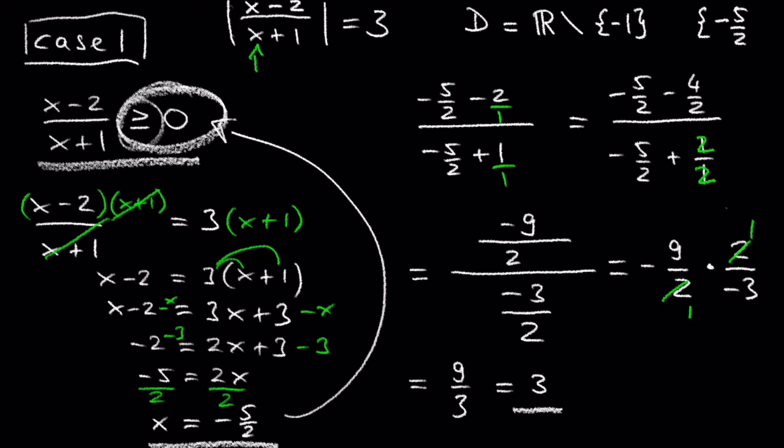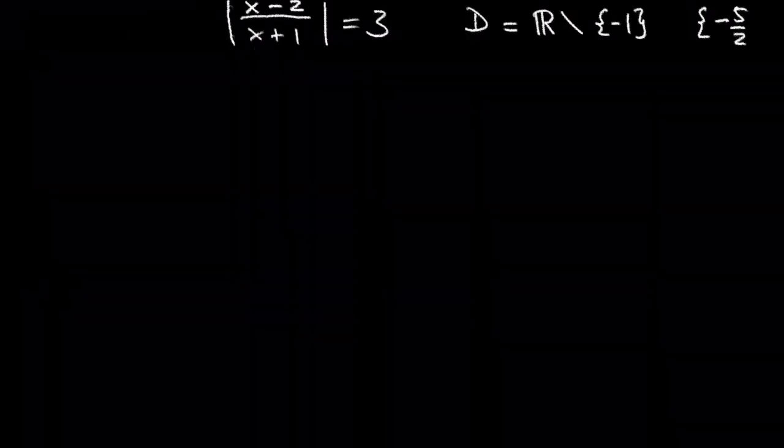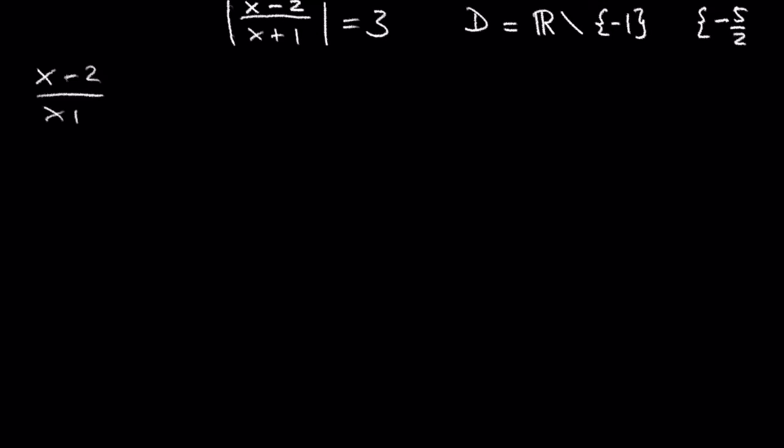Let's move on to the second case. X minus 2 divided by x plus 1 is less than 0.